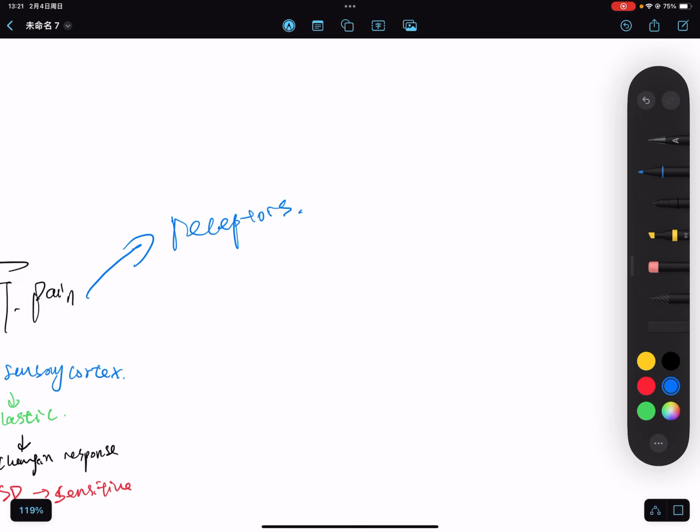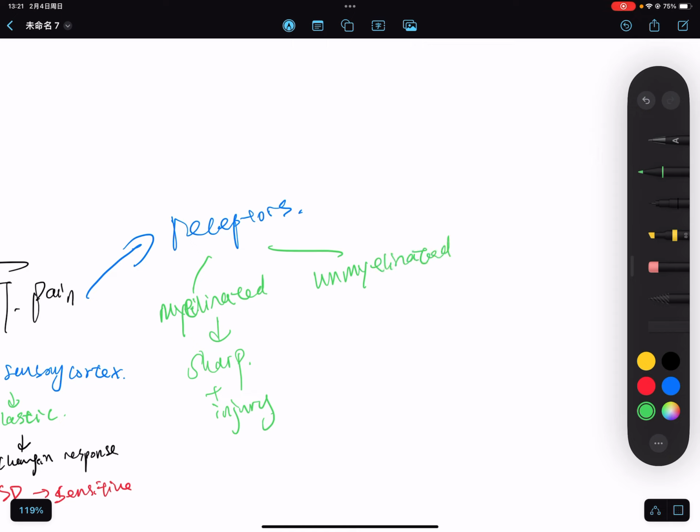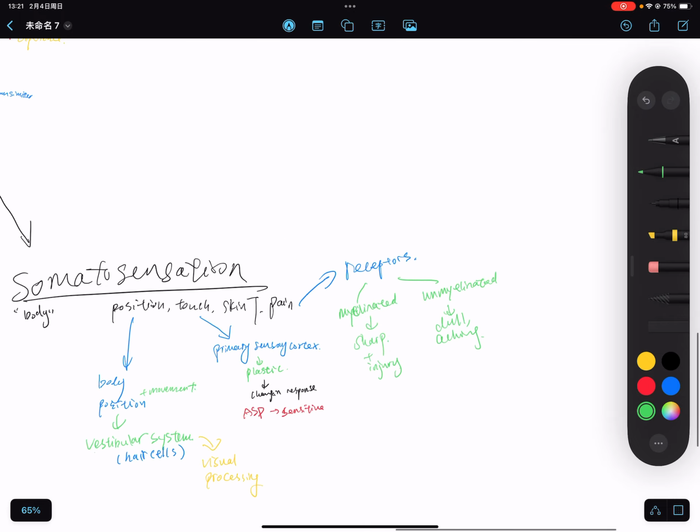Remember we mentioned in chapter 2, the neuron part, the myelinated axons are responsible for the sharp sensation, and often accompany injuries. And our unmyelinated axons are responsible for dull and aching sensations, so they have divided different tasks. So this is our pain sensation.